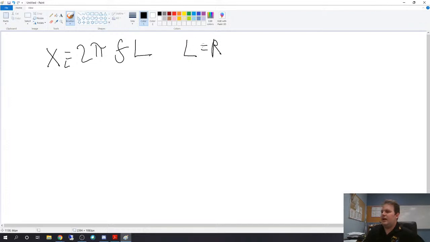So combining inductance is the same as combining resistance. L is measured in henries, and X of L is measured in ohms.